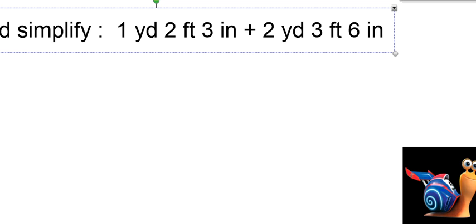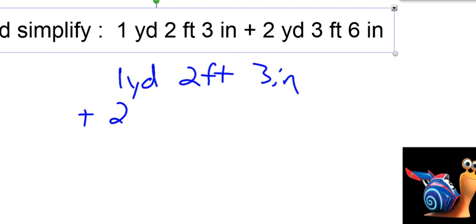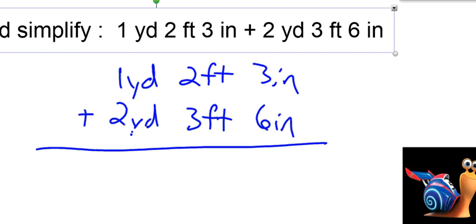So let's start putting some of this together. As we start combining these things, we want to make sure that we are doing what we need to do.